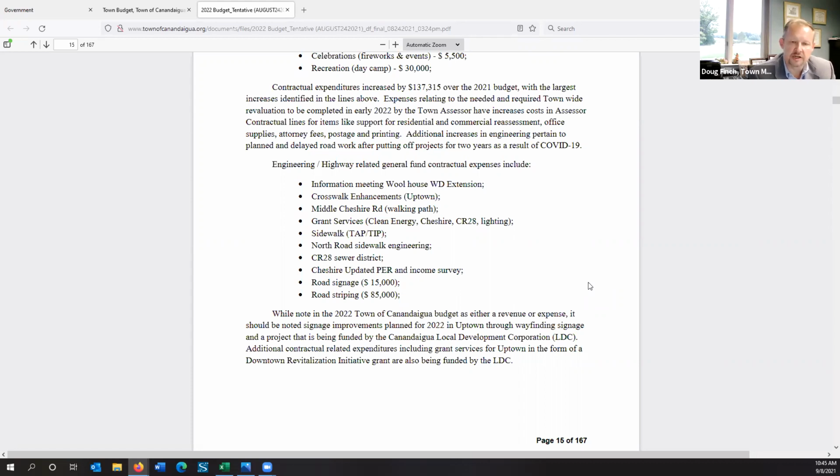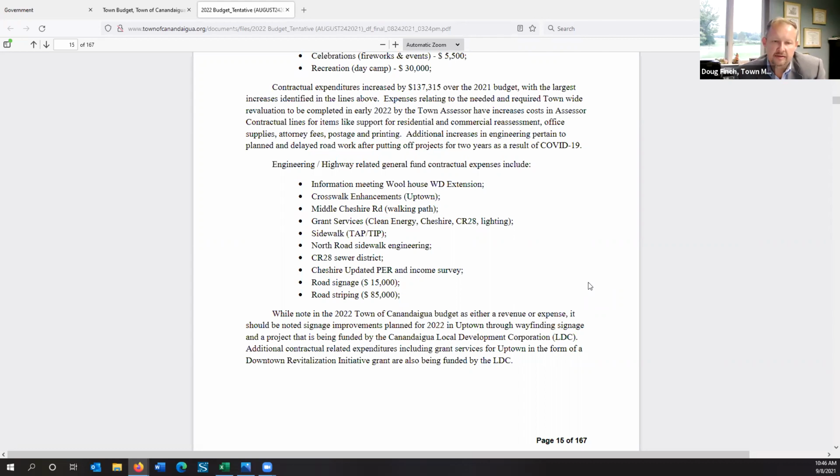We'll be taking a look at potentially some sewer improvements, some engineering work that'll need to be done, as well as some grant administration that'll need to be done relative to County Road 28, as well as Cheshire. The road striping that I referenced.